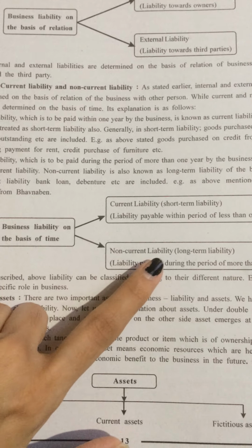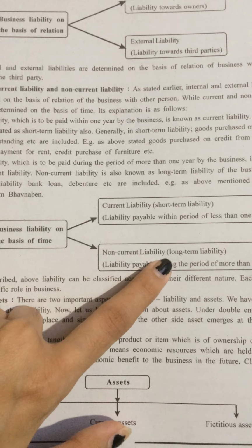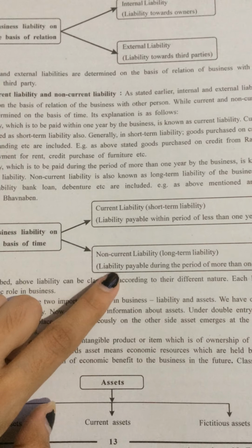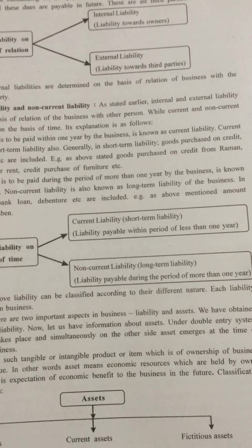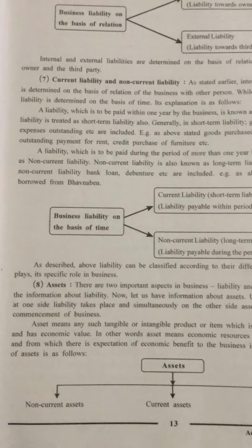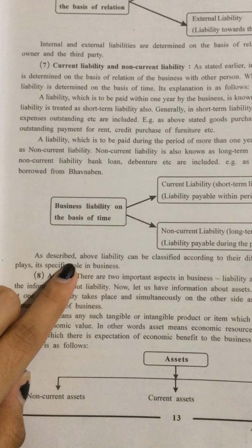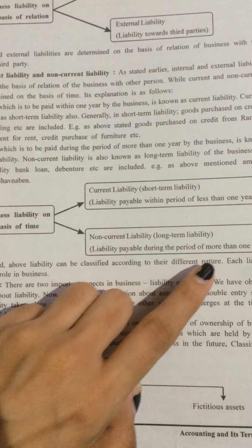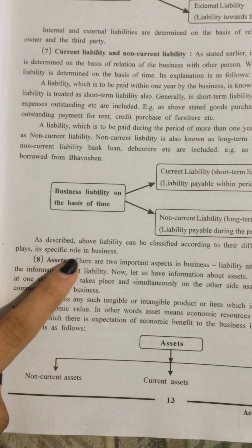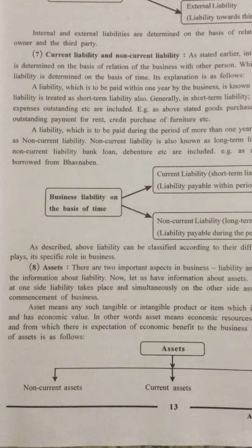Non-current liability, also known as long-term liability, is payable during a period of more than 1 year. The above liabilities can be classified according to their different nature. Each liability plays its specific role in business.